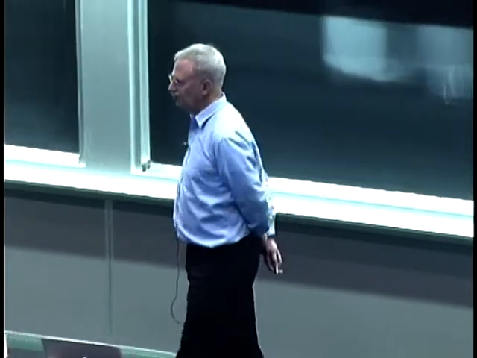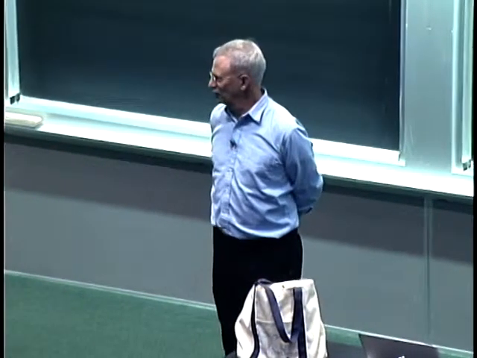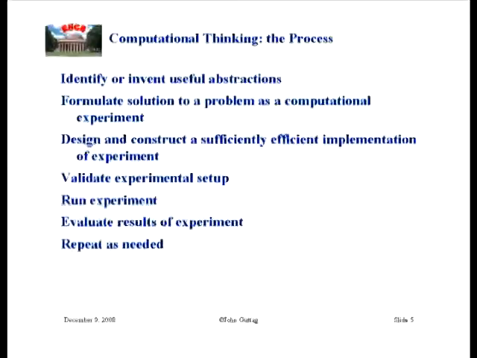And I want to emphasize the word sufficiently here, in that it only has to be fast enough to run it and get an answer. It doesn't have to be the fastest possible. We then need to validate the experimental setup, convince ourselves that the code is right, and then run the experiment, and then evaluate the results, and then repeat as needed. And that's, of course, the key.